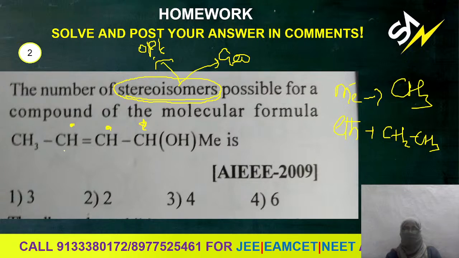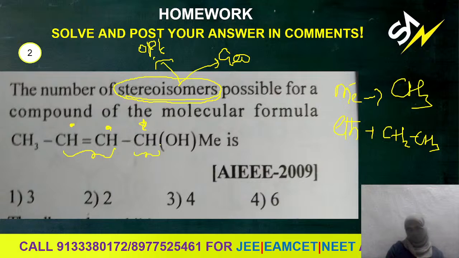So you have got geometrical also, and you have got optical also. Tell me the answer for that. A, B, 1, 2, 3, 4. I'm waiting. Bhavana, I'm waiting, and others who are watching, please answer the question.